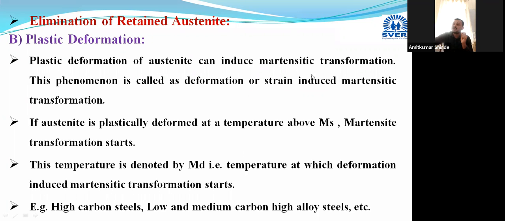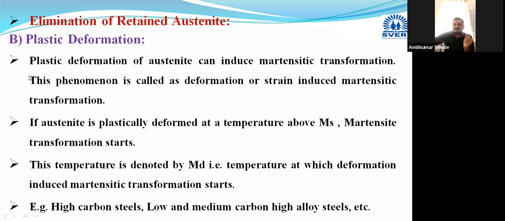And due to this, what will happen? Martensitic transformation is induced or accelerated. Plastic deformation is performed on the austenite, which induces the martensitic transformation. Hence, this phenomenon is termed deformation induced martensitic transformation or strain induced martensitic transformation.